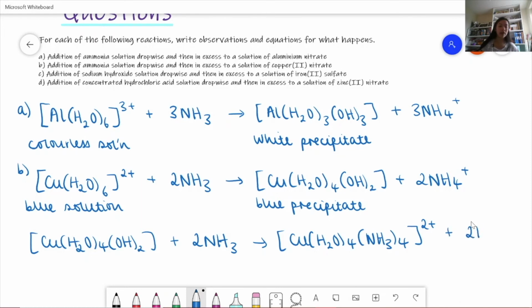And we also have the 2 waters which have been taken out after the substitution.